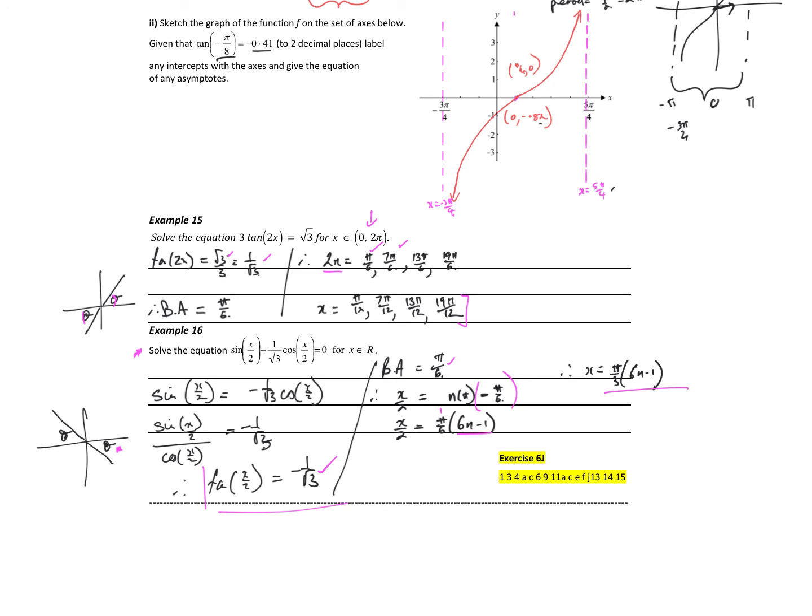So there's my general solution. If you've just got your original solution, if I put n equal to 0, I get negative pi on 3. If I put n equal to 1, I get 6 minus 1, which is 5, so 5 pi on 3, etc. Maybe if I put n equal to negative 1, I get negative 7 times pi on 3, etc. All right. So if you found some specific solutions, there they are.